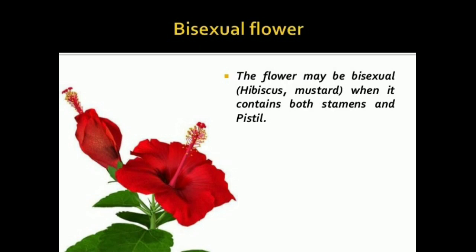Such flowers are called bisexual flowers. For example, the hibiscus plant. If you can see the picture, in this both male and female structures are present. Another example is mustard. So now we discussed the male reproductive part of a flower, the female reproductive part of a flower, and two different types of flowers, right?